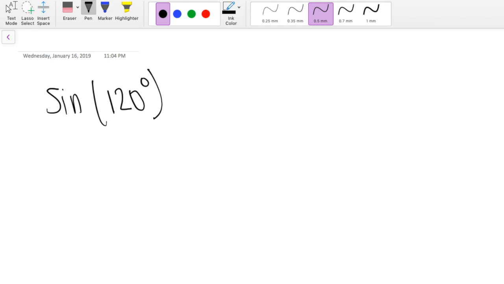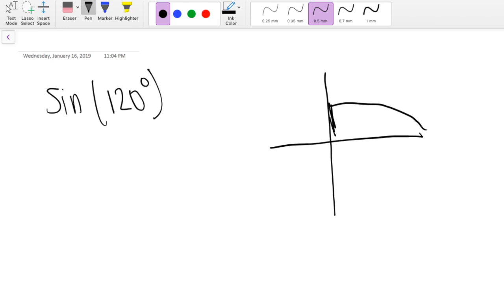Alrighty, so for this next question, you know the routine. We have to draw. So this quadrant right here ends on this vertical line at 90 degrees. Then we draw again over here, and this ends at 180.